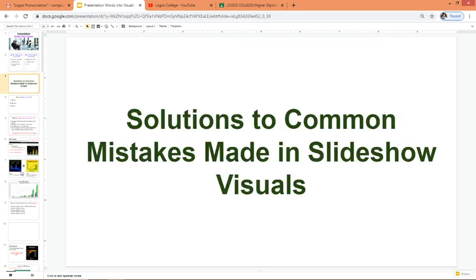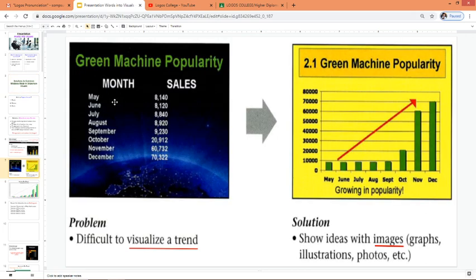One of the biggest mistakes was that people put a lot of numbers like this into a list, and it's hard to see a trend, and it's hard for your audience to understand what you're trying to explain to them. What are you trying to present to them, right?